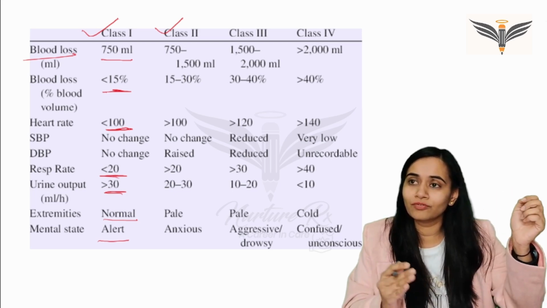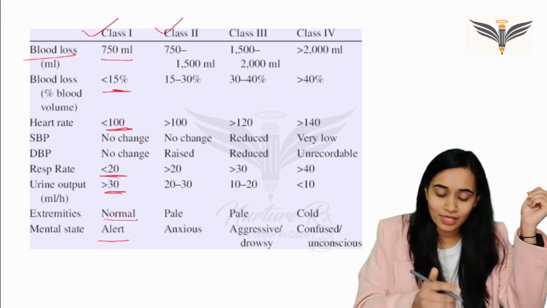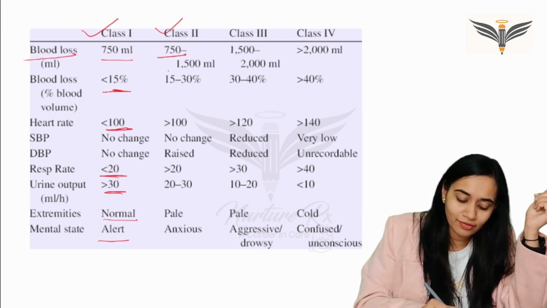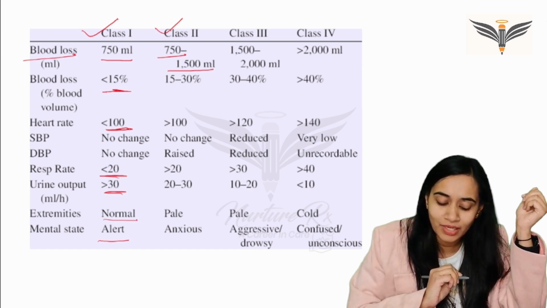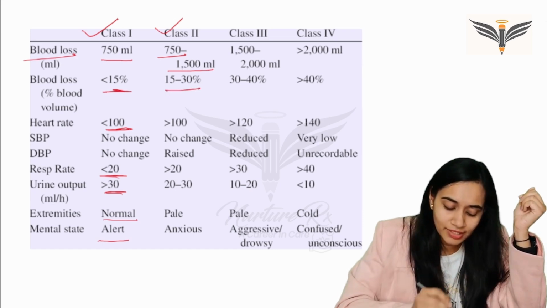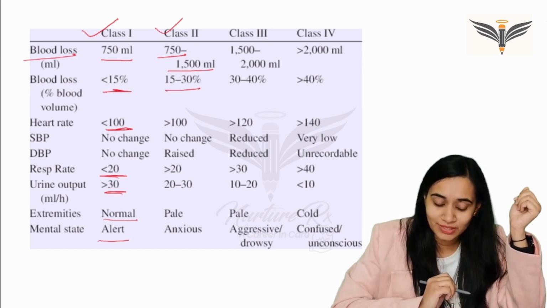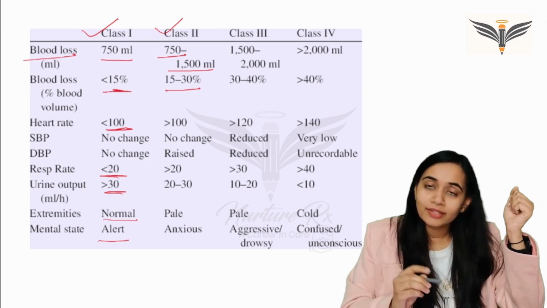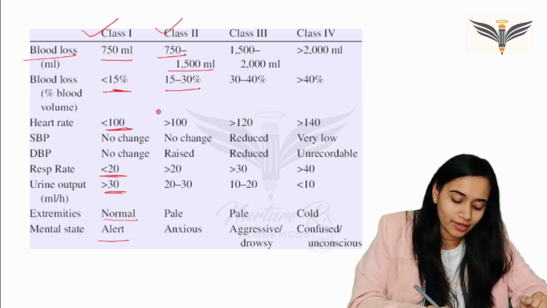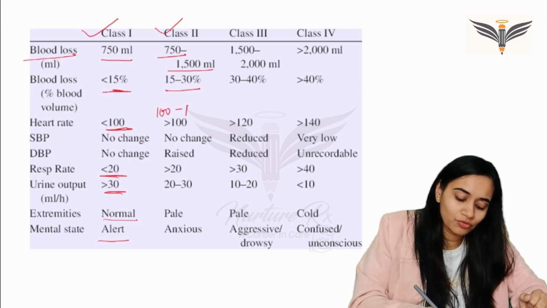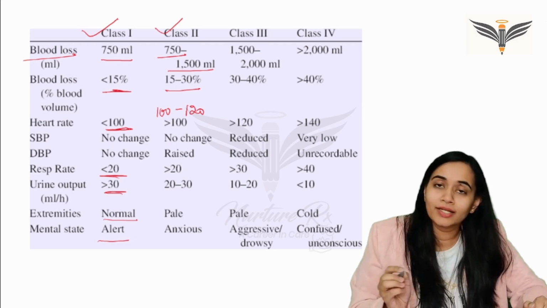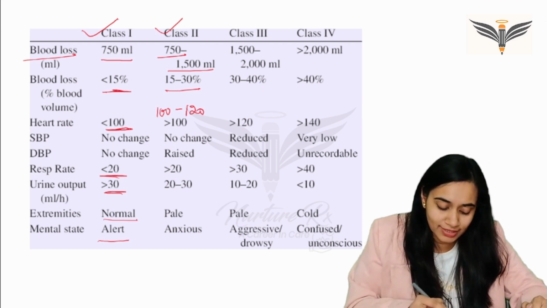So in grade 2, the blood loss increases from 750 to 1500 ml. The percentage becomes 15 to 30%. Heart rate is now changing to more than 100, usually 100 to 120 is what your class 2 shock sees.